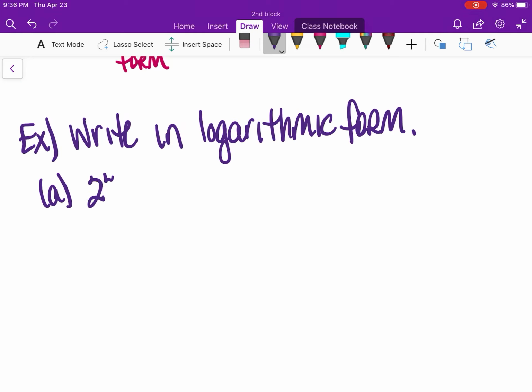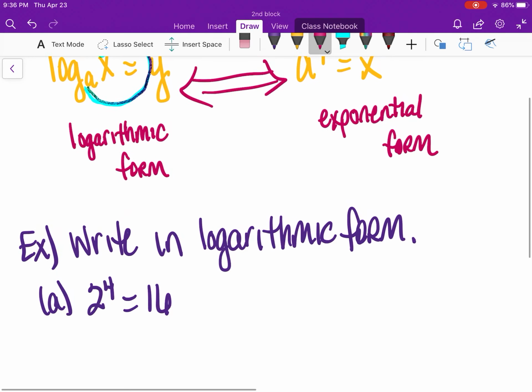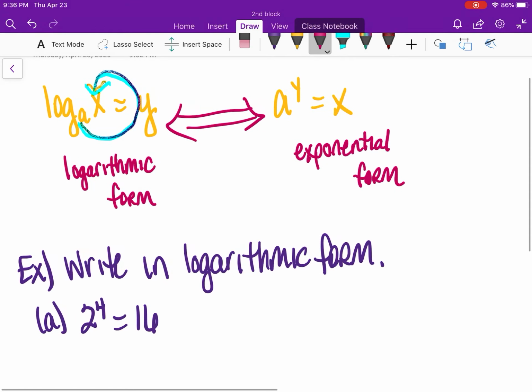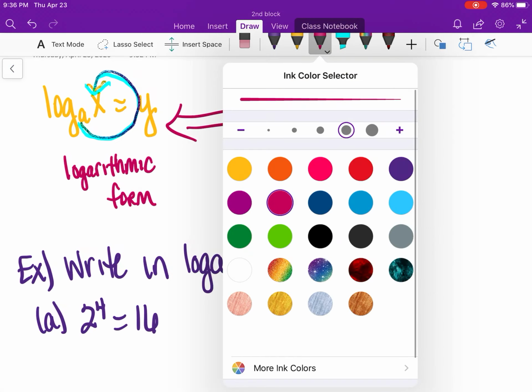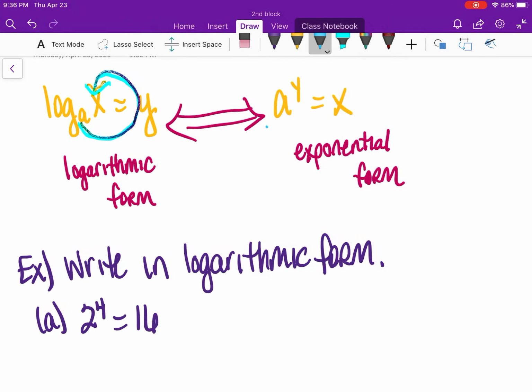Okay, first equation is 2 to the 4th equals 16. So we're starting out with an equation in this form. I need to go to that. Okay, so look at your number with the exponent.